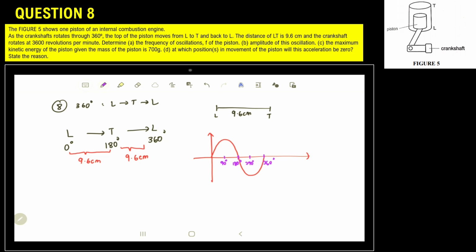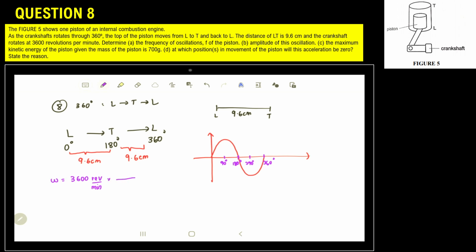Now it is given that the crankshaft rotates at 3600 revolutions per minute, so we can calculate omega. We need to change it into radian per second.